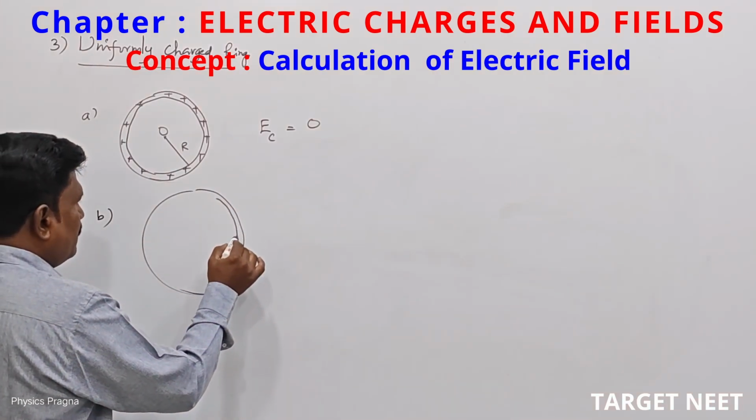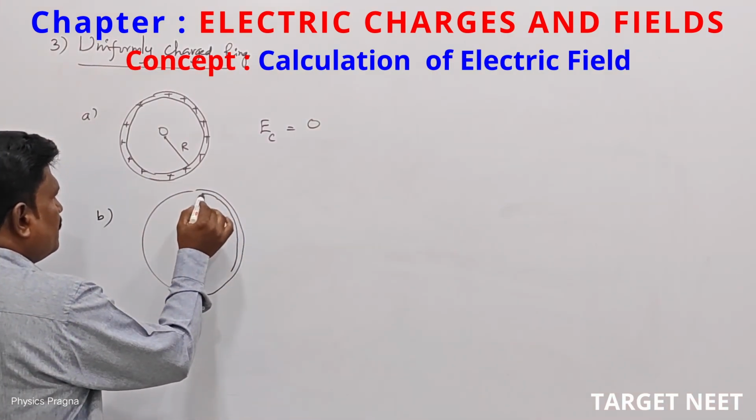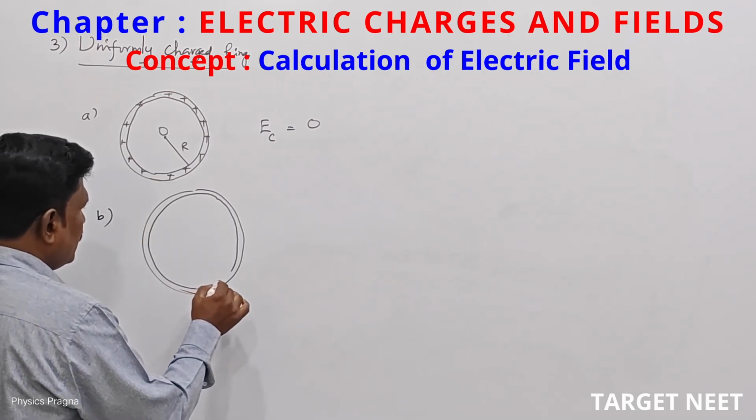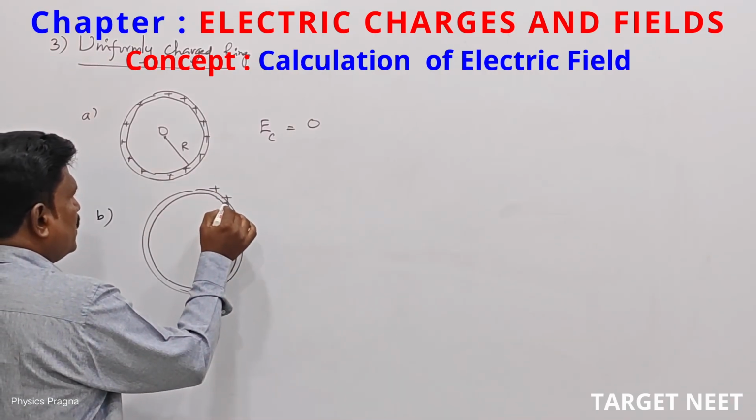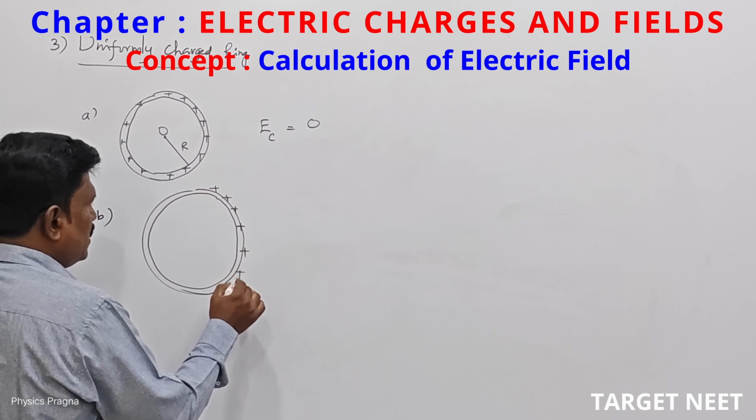This is a small rim of the ring, and it is positively charged, uniformly charged.